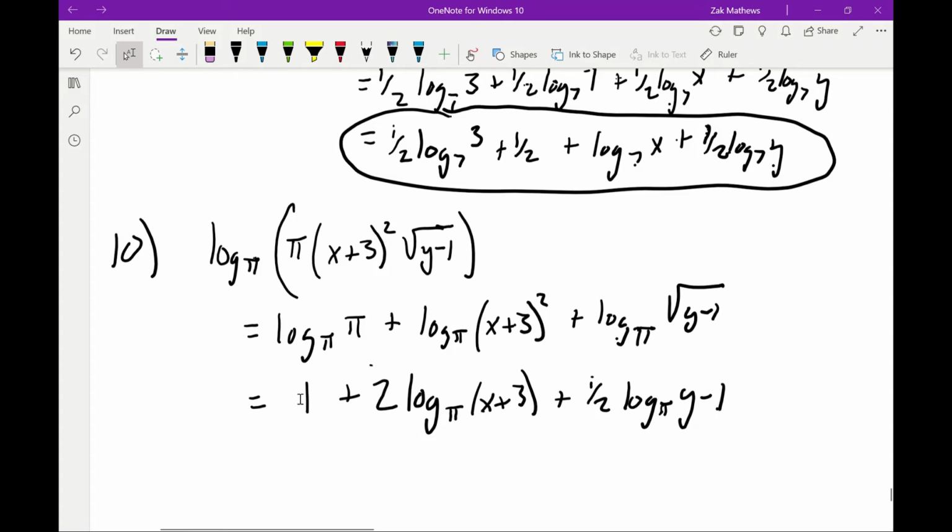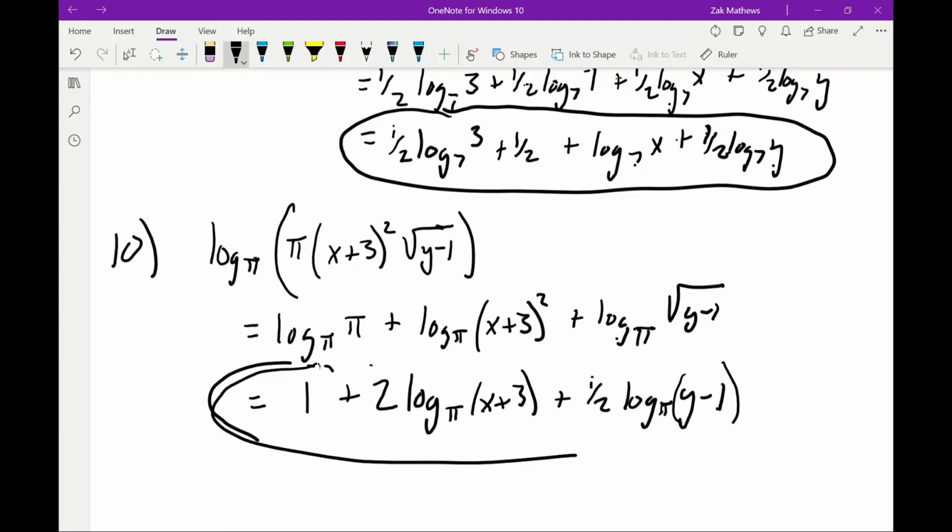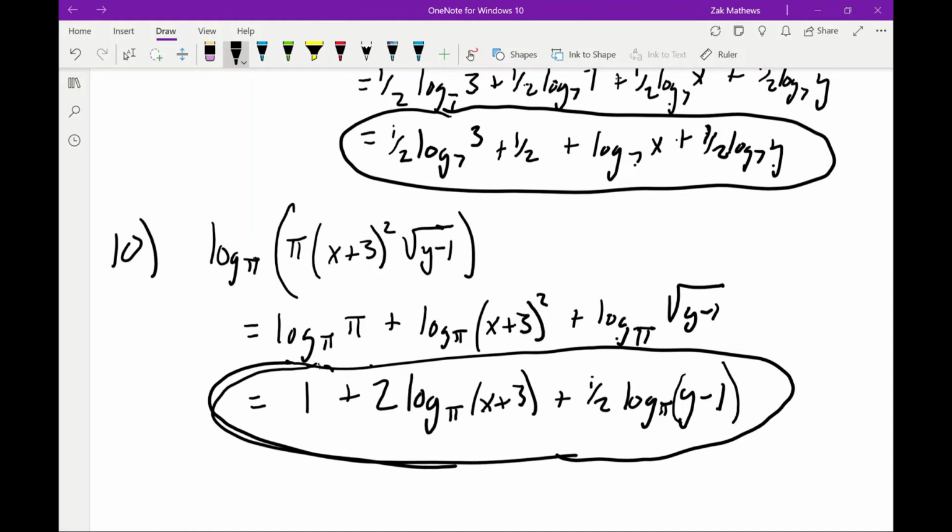That minus 1 is no longer in a log, which is why it's very, very important you keep parentheses around everything inside the log. That's why earlier I said it's obvious because it's just a division. But with addition, subtraction, and multiplication, it's not obvious what's inside the log and what's not, so you need to keep it in parentheses.